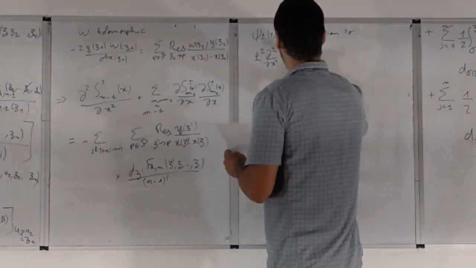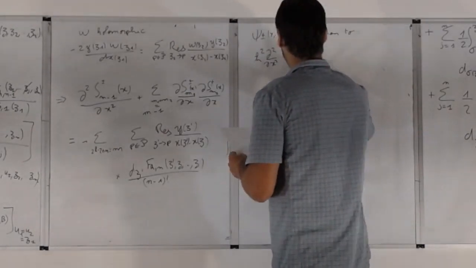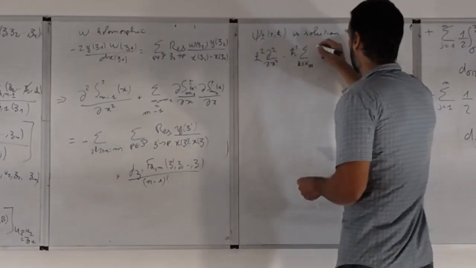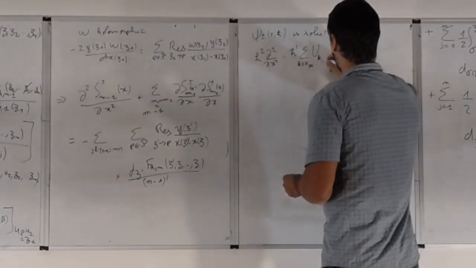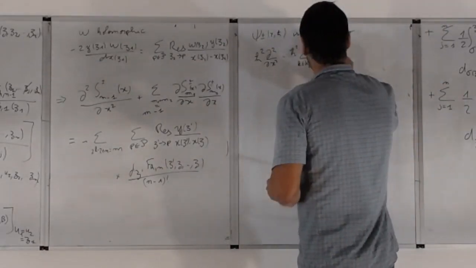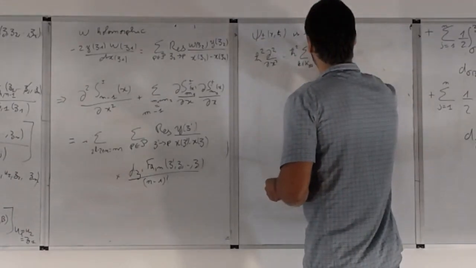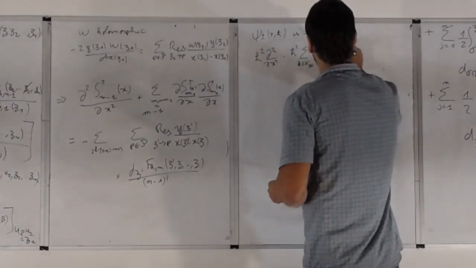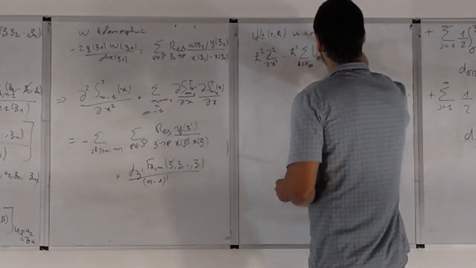So I have the sum over k belonging to the set k infinity I introduced before, U infinity k of x times d over dt infinity k.